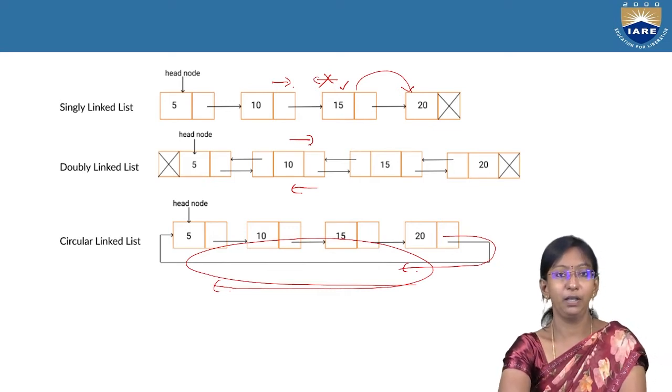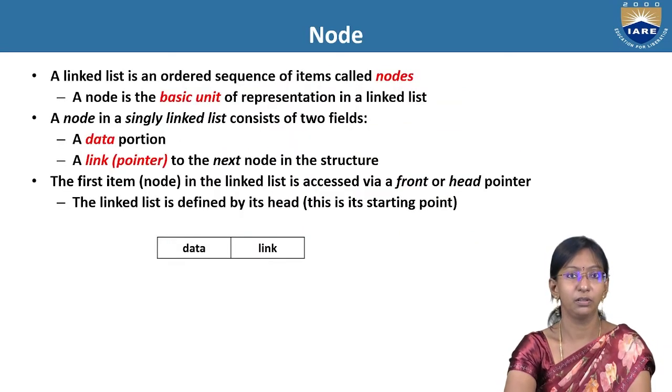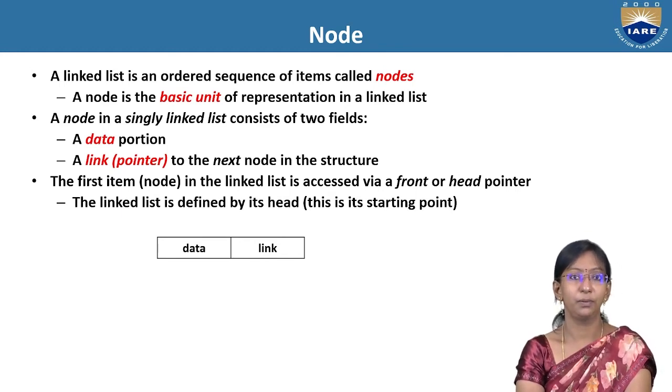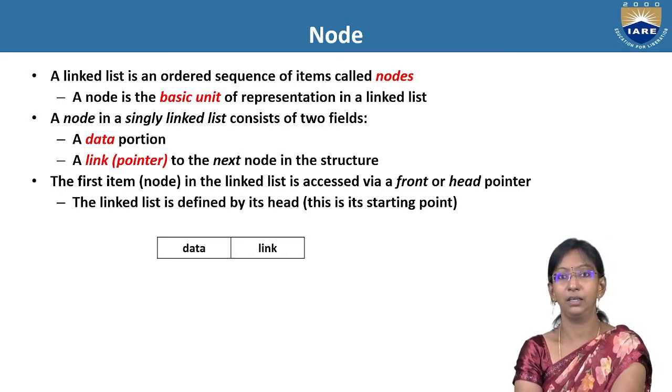So let me explain you what a node is. A node is nothing but a basic unit with which we work in linked list. It is a collection of two parts, which is a data part and a link part.